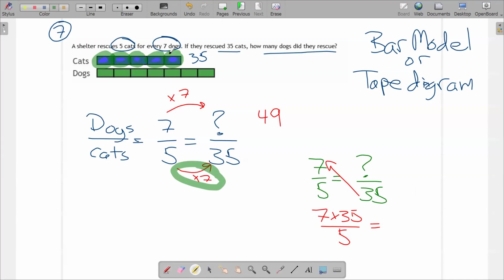How many of them are there? There's 5 of them. Well, I know that 5 goes into 35 7 times. 35 divided by the 5 blocks I have there is 7. So that means each of these blocks here must be worth 7.